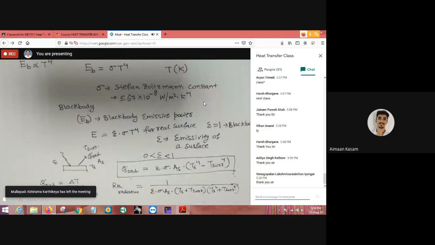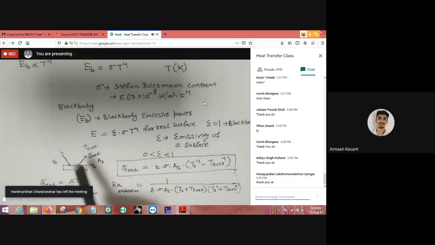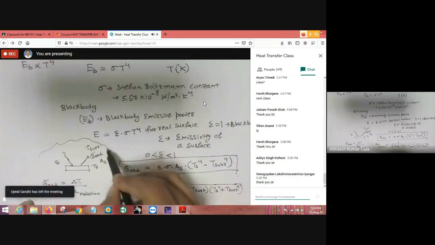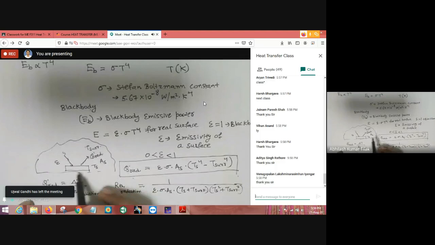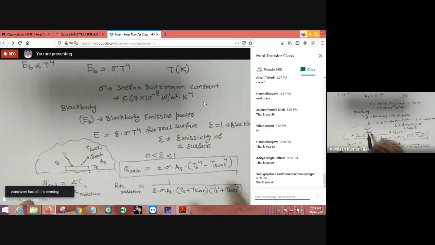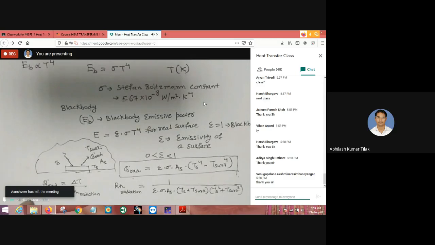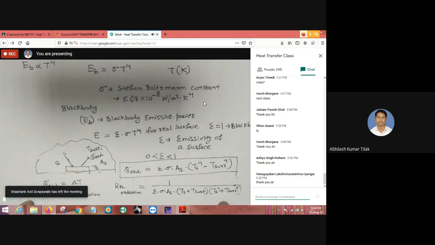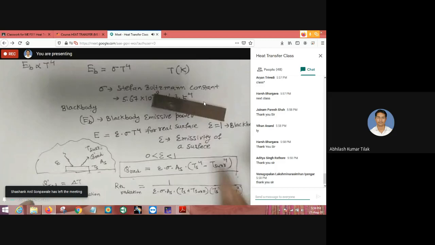In this, you said the T surrounding can be taken as a black body. Yes, because the atmosphere here is having temperature T surrounding as constant. Whatever you do, if you place a heated body here, the temperature of the surrounding is not going to change. It's constant. So generally, the surroundings is taken to be a black body.